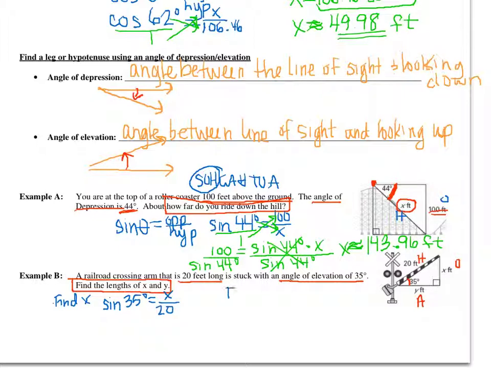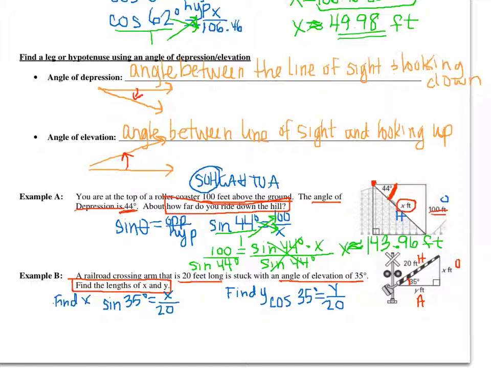If I'm going to find y, then I'm going to have to use y and my hypotenuse. So that would be the cosine. So we would say the cosine of 35 degrees equals adjacent, which is y, over hypotenuse, which is 20. So see how I set up two different trig functions here, two different trig problems, so that I could find both of those? Now let's just solve them separately.